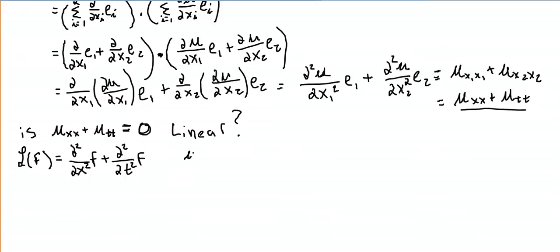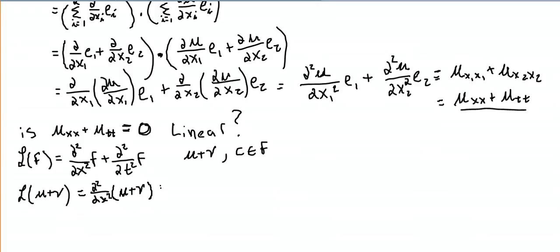So now consider u plus v, and c is a scalar element of the field. I want to see what L of u plus v does. L of u plus v is just the second partial with respect to x of u plus v plus the second partial with respect to t of u plus v. Well, that's a really ugly u, sorry.